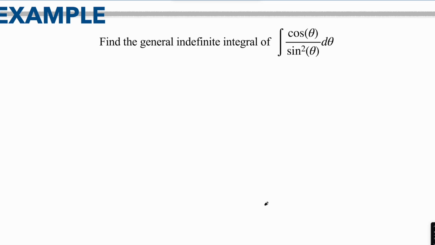So in this case, we want to find the general indefinite integral for this. So there's a couple of ways we can do this. One, we can rewrite this as cosine over sine times 1 over sine d theta, which is the exact same thing as cotangent times cosecant.